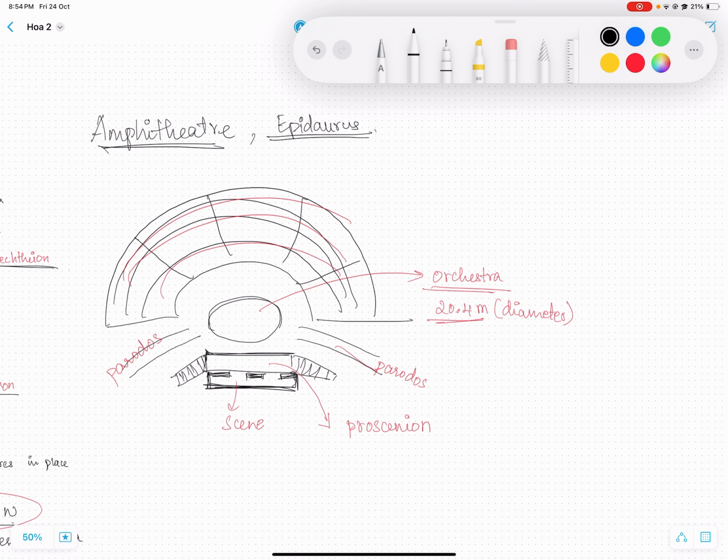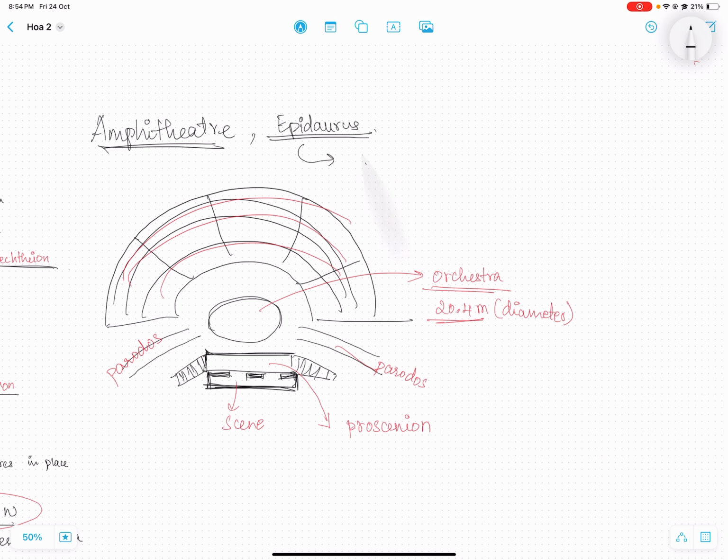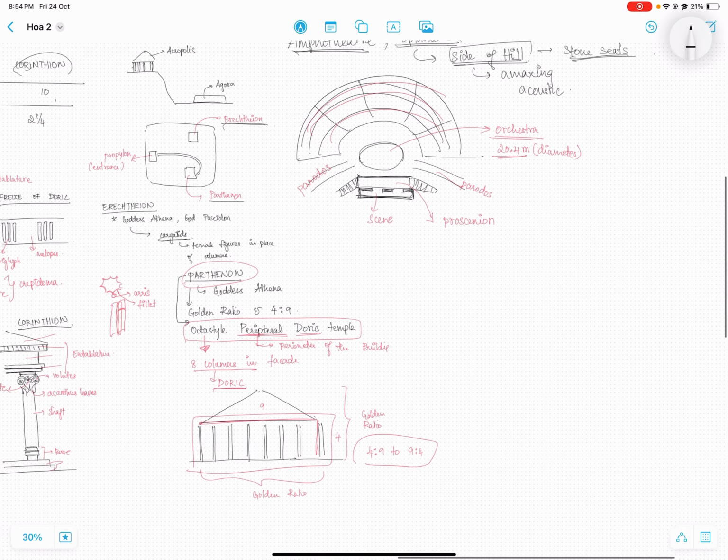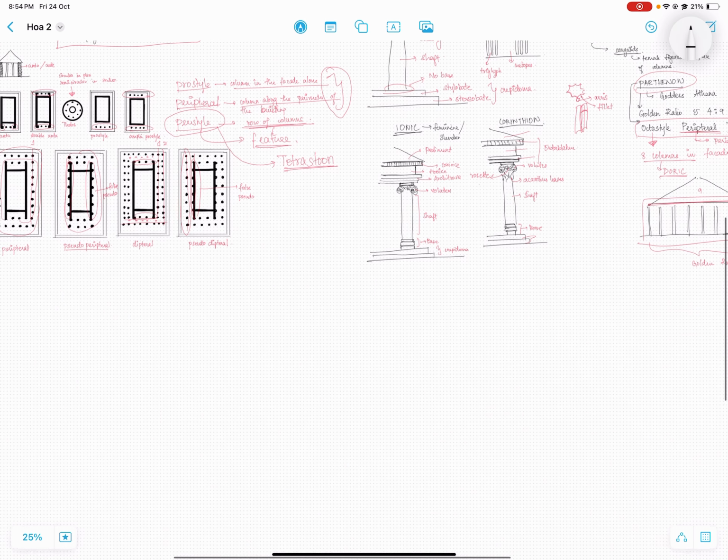Yeah, this Epidaurus was said to be cut at the side of a hill, and it had amazing acoustics as well. And since it was at the side of a hill, the seats were made of stone. It was carved, so stone seats and stuff. So this is about Greek architecture.